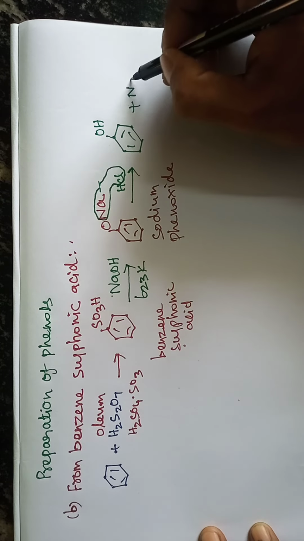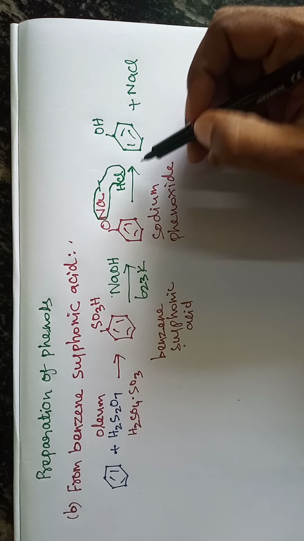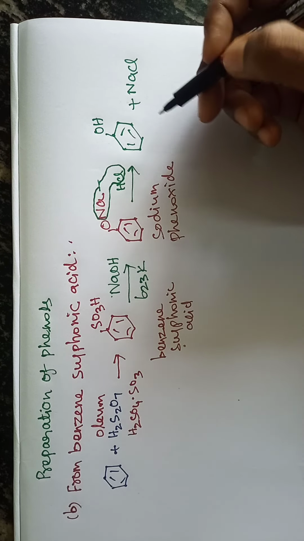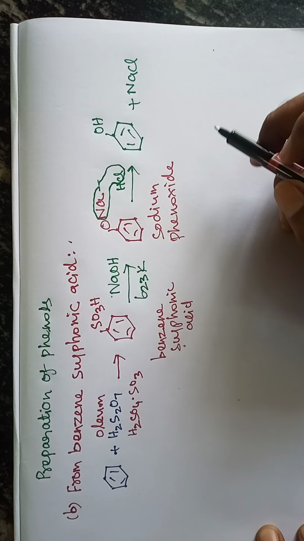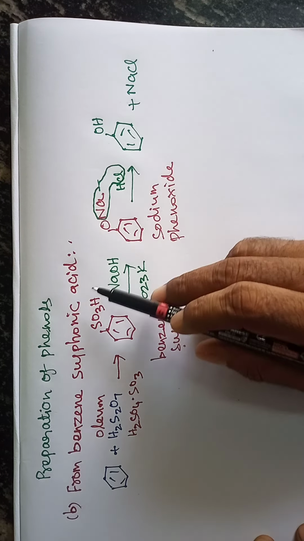If you use dilute sulfuric acid, it gives phenol and sodium sulfate. So we can prepare phenol from benzene sulfonic acid.